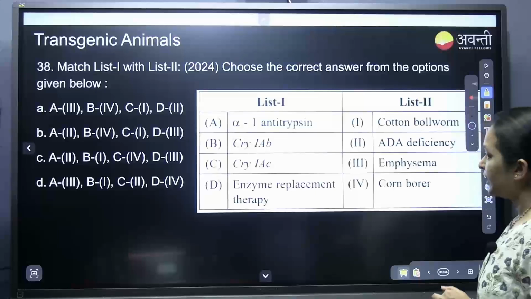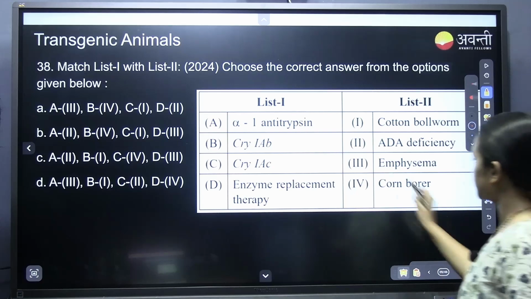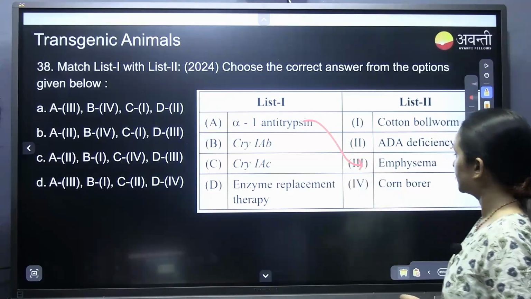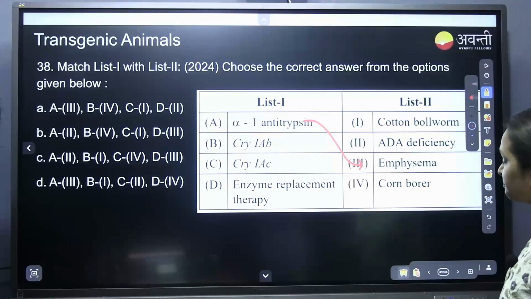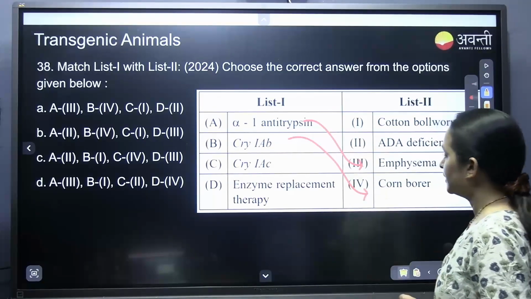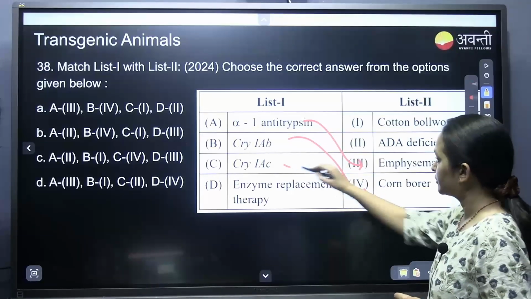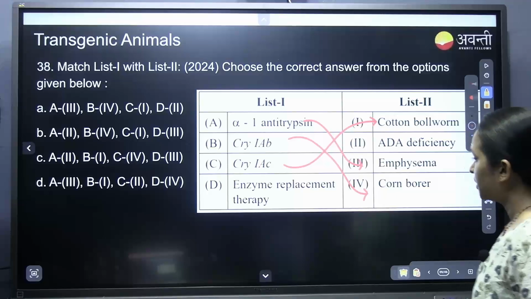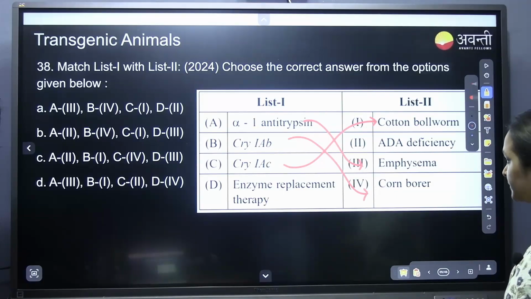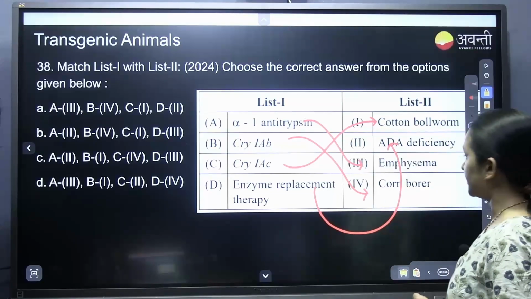Now match alpha-1 antitrypsin for emphysema, cry1Ab gene for corn borer. Very good. cry1Ac is for cotton bollworm. Enzyme replacement therapy is ADA.